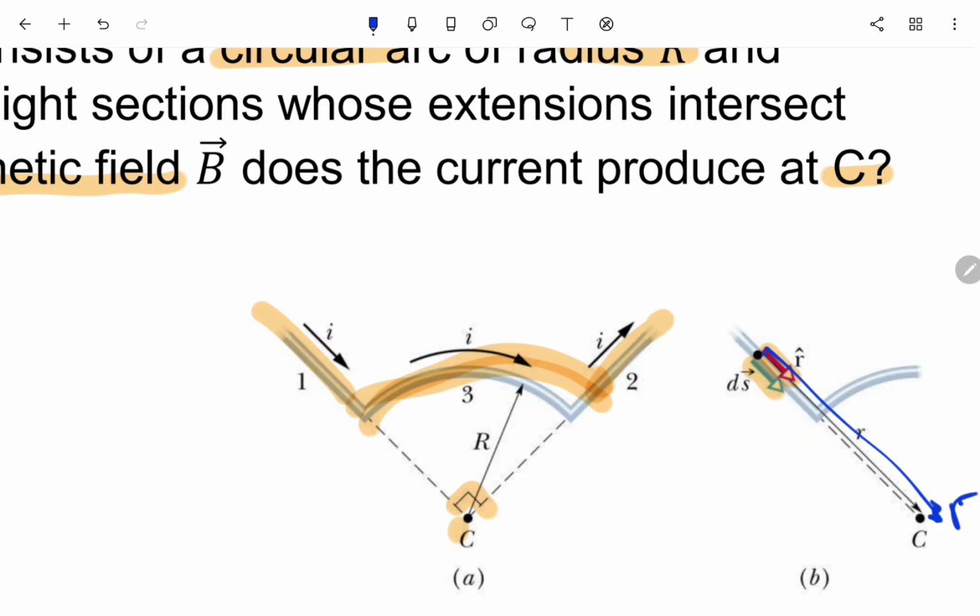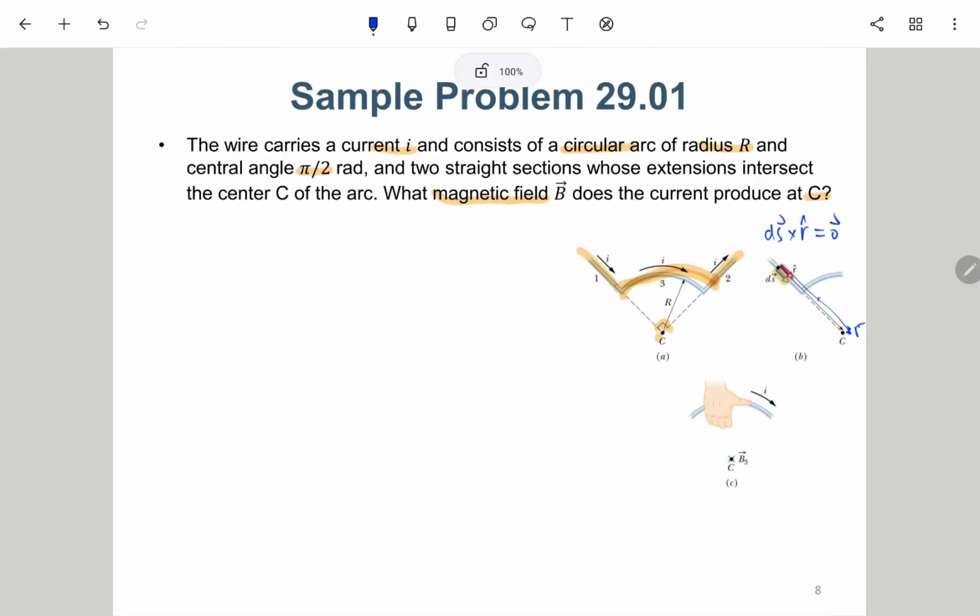In this case, ds and R hat point in the same direction, so ds cross R hat is nothing but a zero vector. So part 1 won't generate any B field at point C. Similarly, part 2 also generates zero B field at point C.